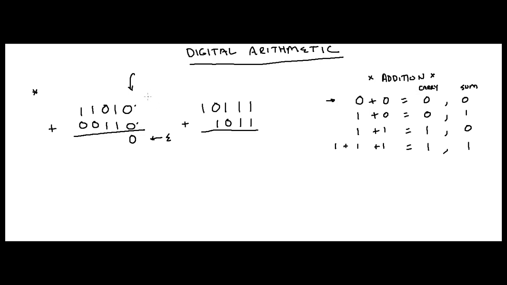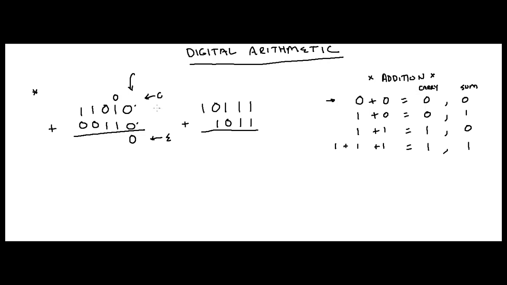And up here, this is going to be your carry. So 0 plus 0, your sum is equal to 0, which we filled in, and your carry is also equal to 0, right? So here's your carry.